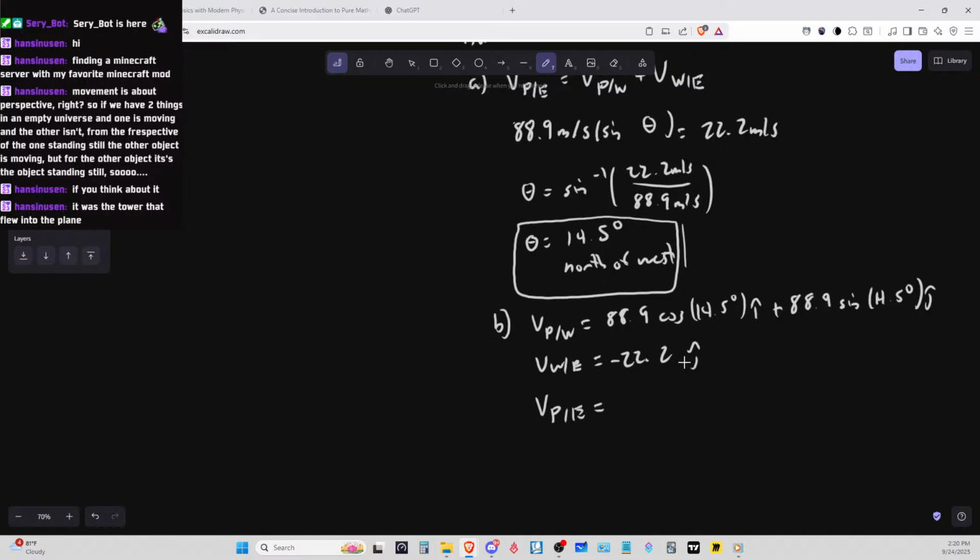So these two will definitely cancel, and then we're going to have the plane traveling 86.1 meters per second.